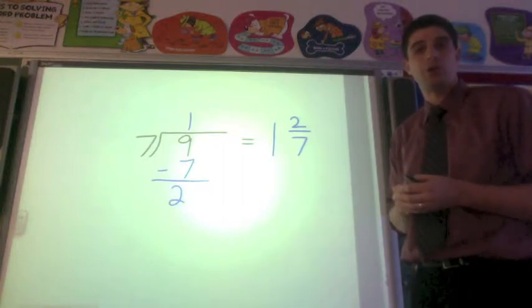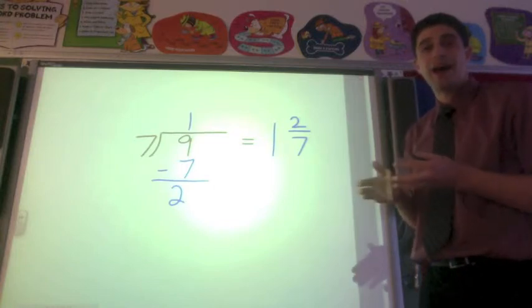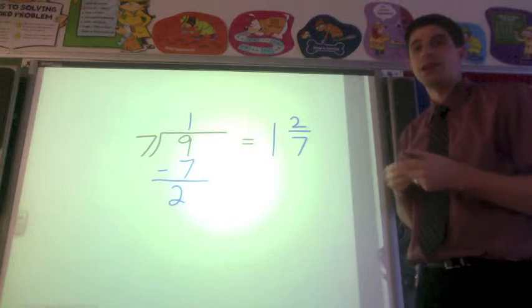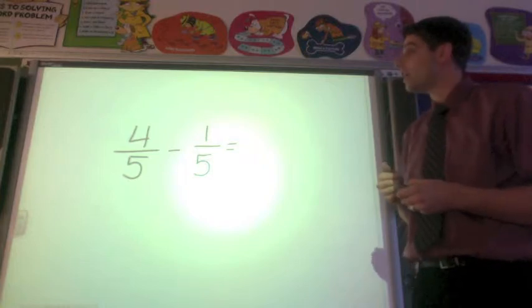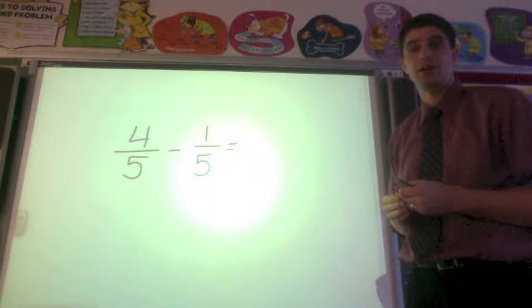That's always the case, boys and girls. So now we have 2 examples of how to add fractions with like denominators. Let's see what it's like to subtract fractions with like denominators. Here I have 4/5 minus 1/5.